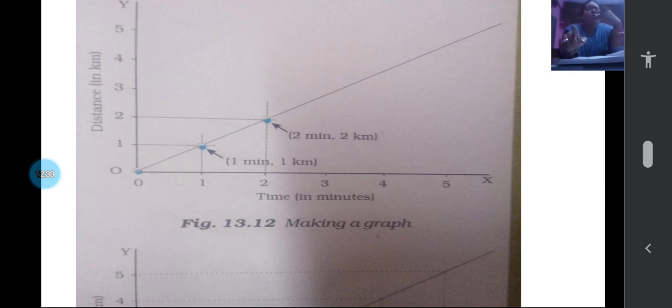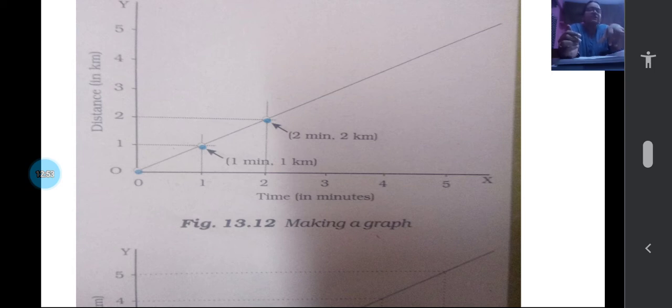What is the distance covered by the car after 2 minutes? Just draw the perpendiculars and you can come to the conclusion: 2 kilometers. Same way, to cover 3 kilometers, what is the time taken by the car? By drawing the perpendiculars, you can find out that it has taken 3 minutes.